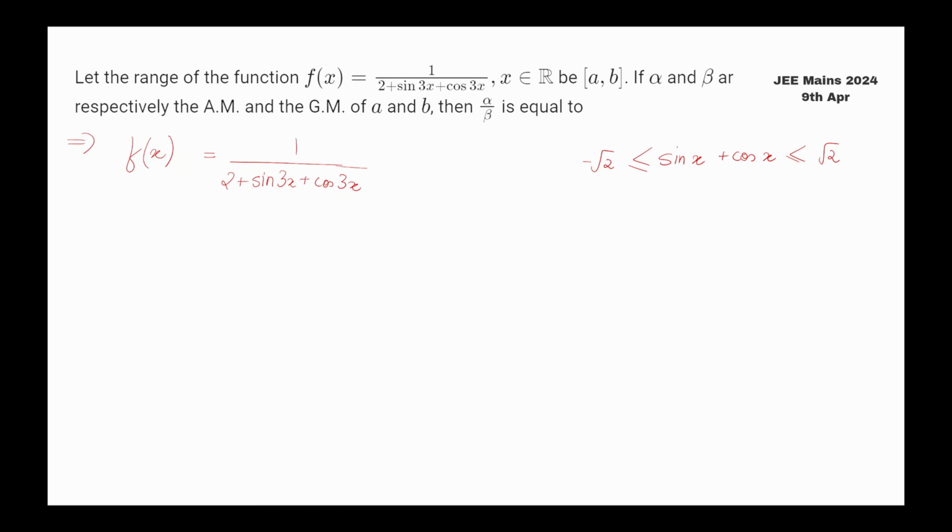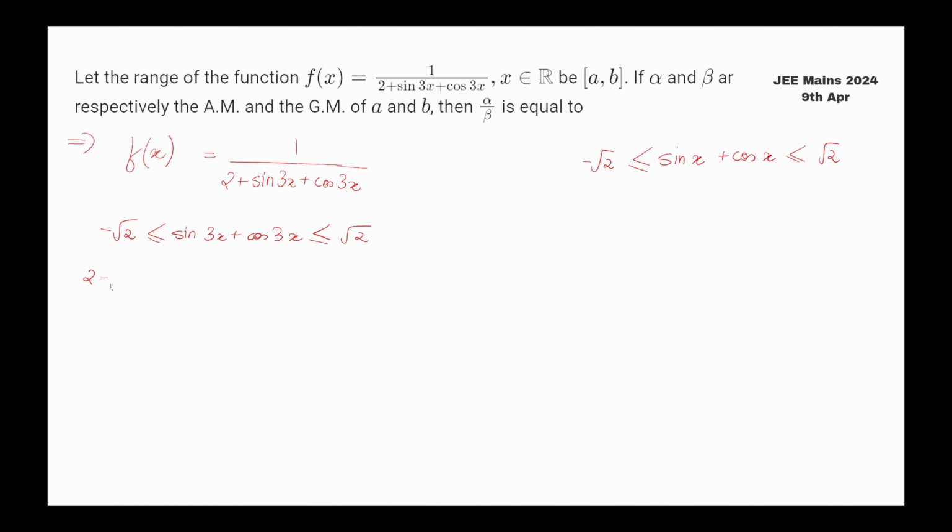Even if it is 100x, 3x, or infinity x, it will still be in this range only, minus root 2 to root 2. So from here I know that sin 3x + cos 3x has a range from minus root 2 to root 2. Now what if I add 2 on all three sides?